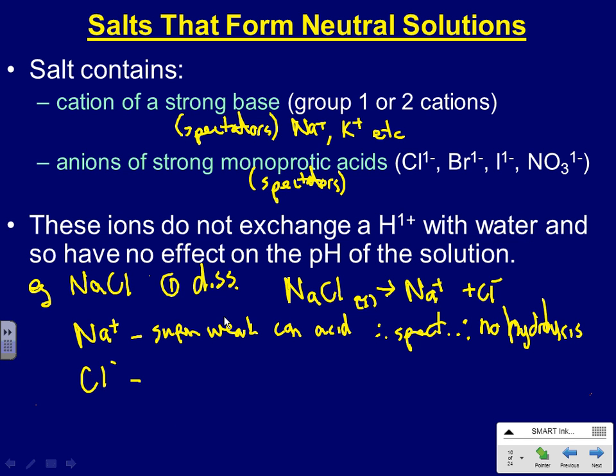Cl minus. How would we describe it if I wanted to write a statement like this? How would I describe Cl minus? Super weak conjugate base, spectator, no hydrolysis. Does that make sense? Super weak means they're not going to react with the water whatsoever. Super weak conjugate base, therefore spectator, therefore no hydrolysis.